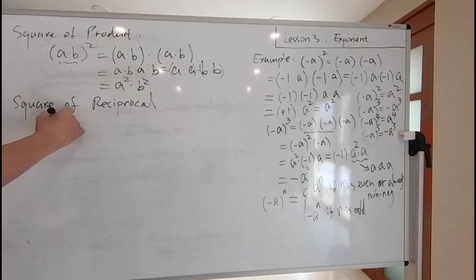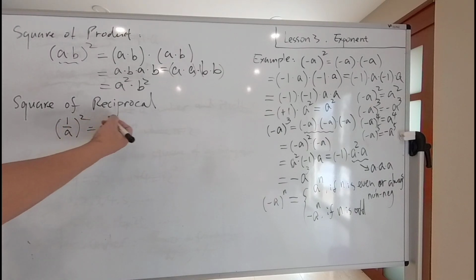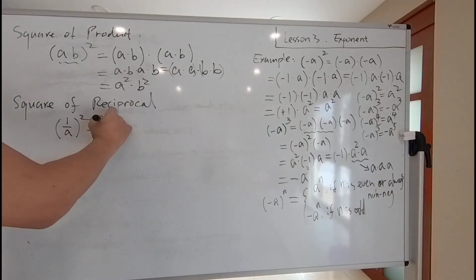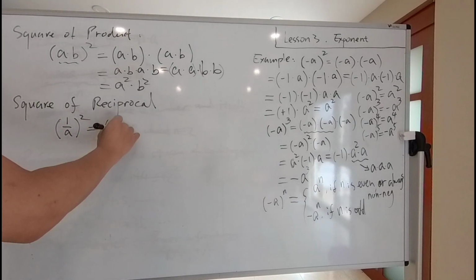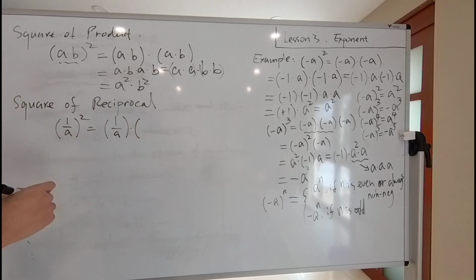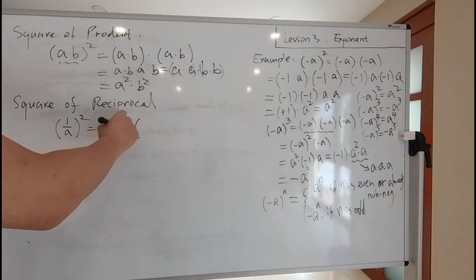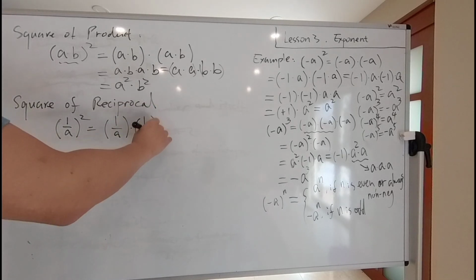Again, first of all, let's examine the reciprocal of a, which is (1/a) squared. We can use the same way, start from the definition. We can expand the square into multiplications of 1 over a times 1 over a itself.